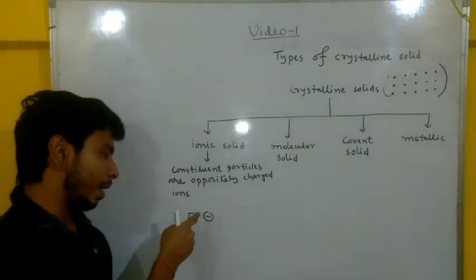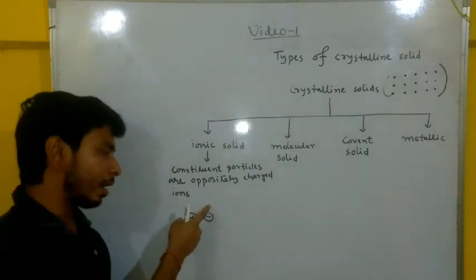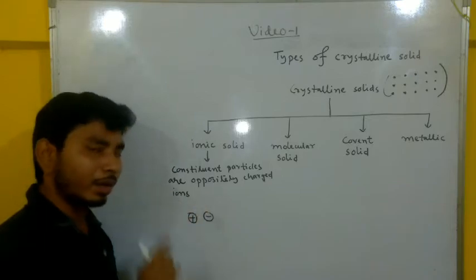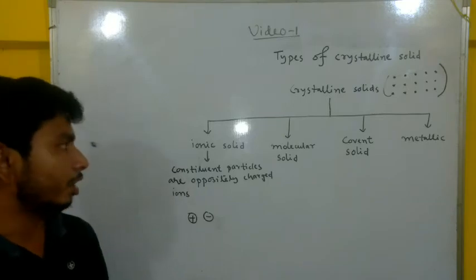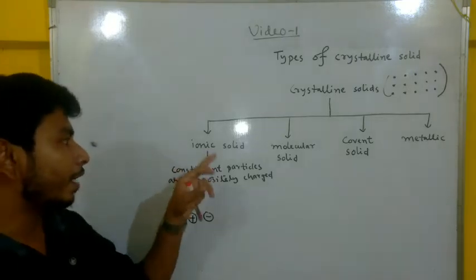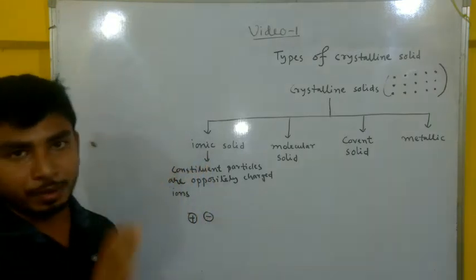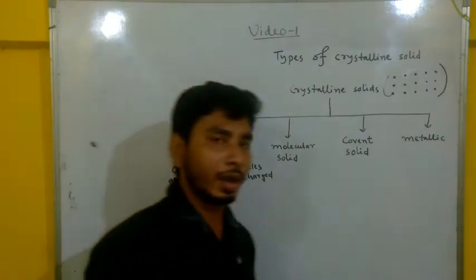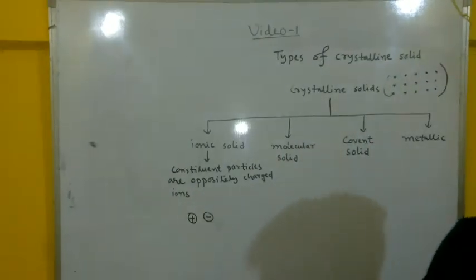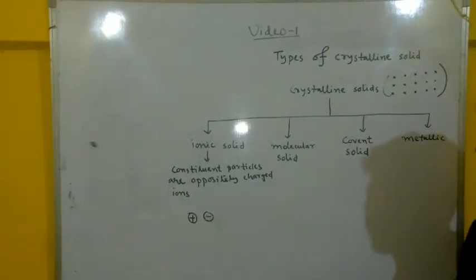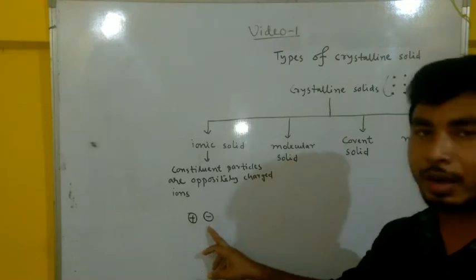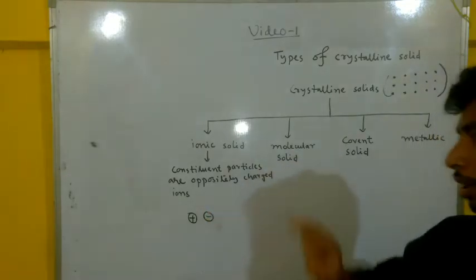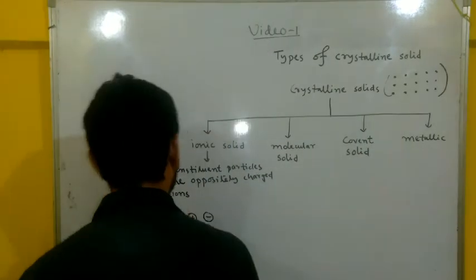The attraction between two oppositely charged particles is called electrostatic force of attraction, which is the strongest type of attraction. So in ionic solid, the attraction between the two particles is very strong, and this attraction is electrostatic force of attraction.